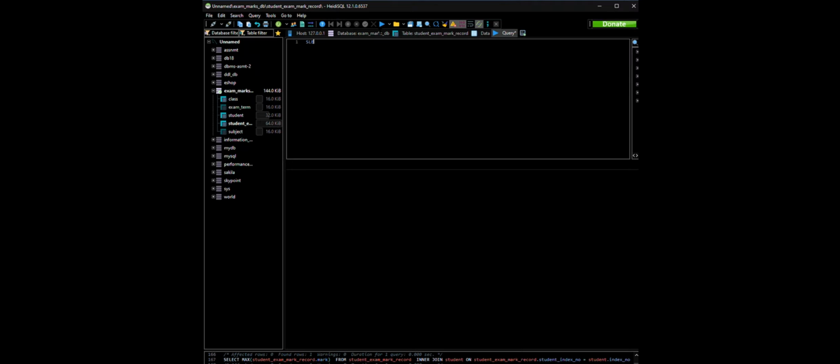For our third question, we need to select the details: the student's first name, the student last name, and the student mark, so student exam mark record dot mark, from the student exam mark record table.